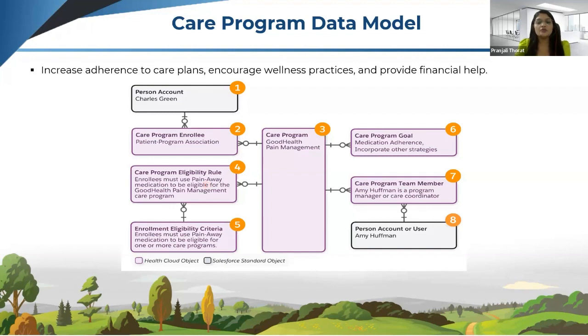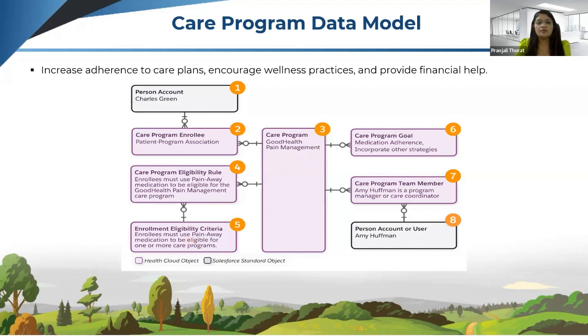Then the enrollment eligibility criteria represent criteria that define patient enrollment eligibility for one or more care programs. For example, an enrollee must use Pain Away medication to be eligible for one or more care programs.